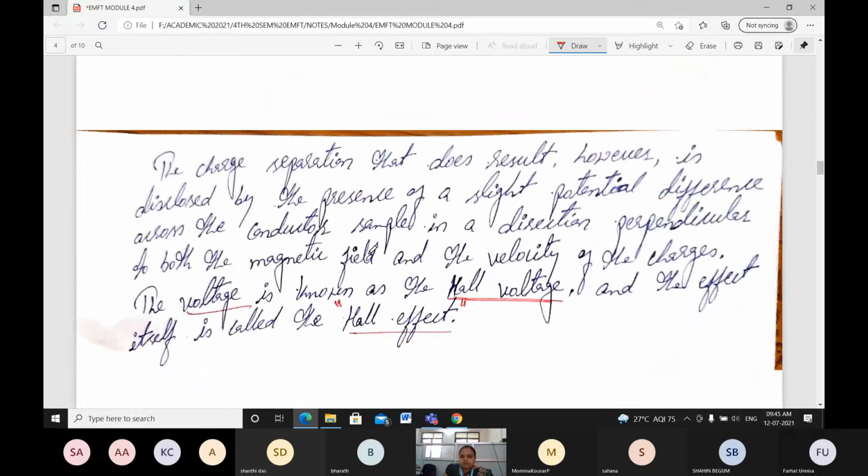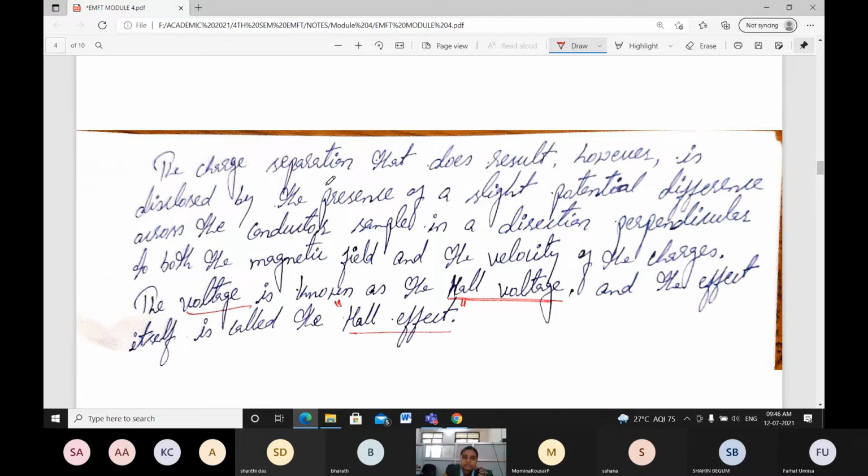Then a small example is going to be taken here. Next part, the charge separation that results is disclosed. It is not given that much importance, given the presence of a slight potential difference across the conductor.